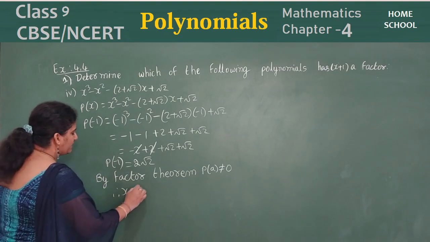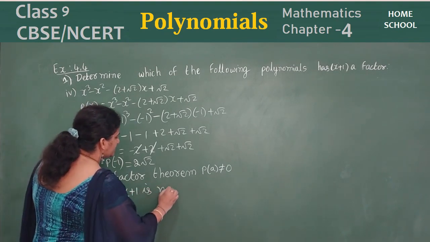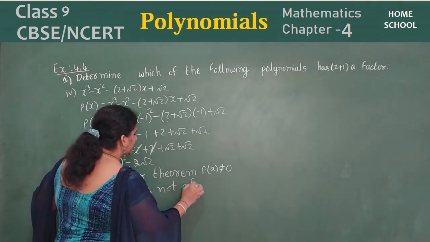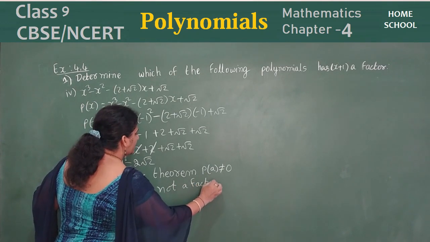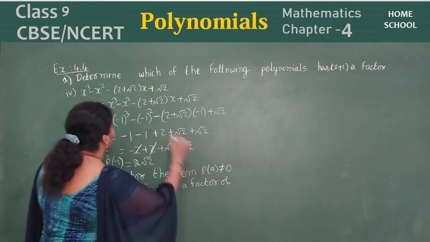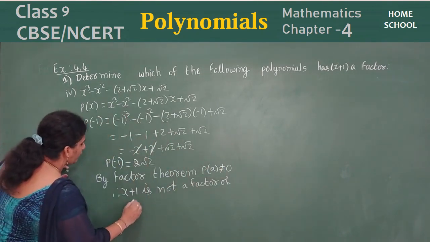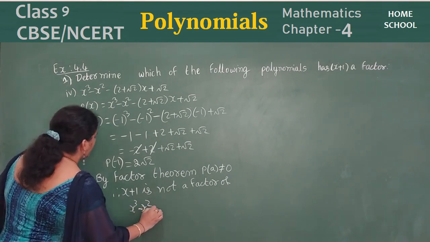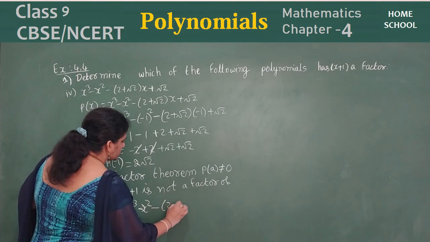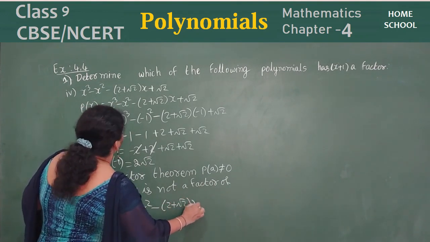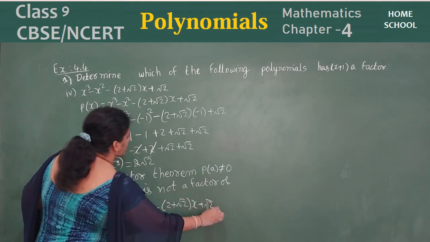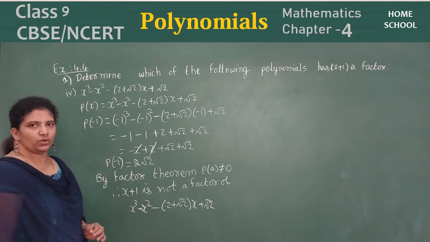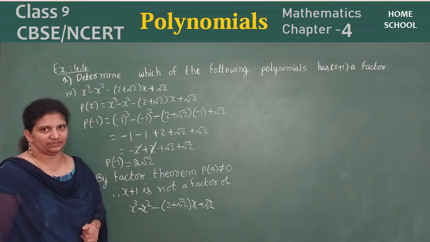Therefore, x plus 1 is not a factor of the given polynomial x cube minus x square minus (2 plus root 2) into x plus root 2. Okay, it is not a factor.